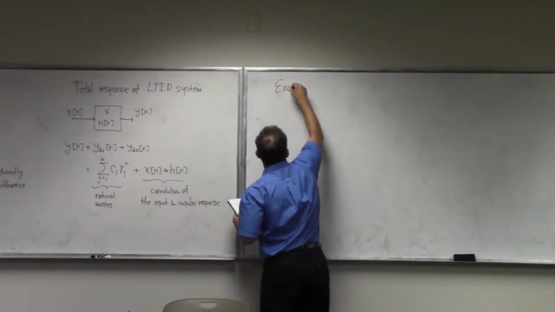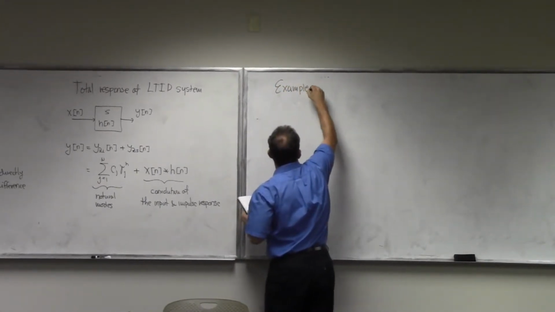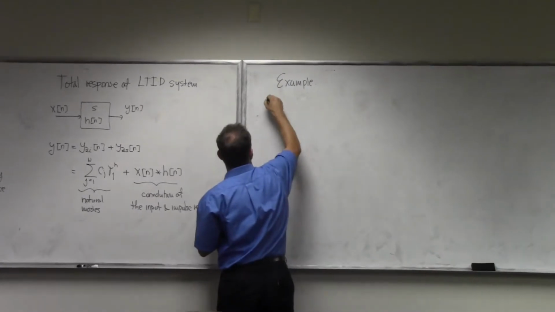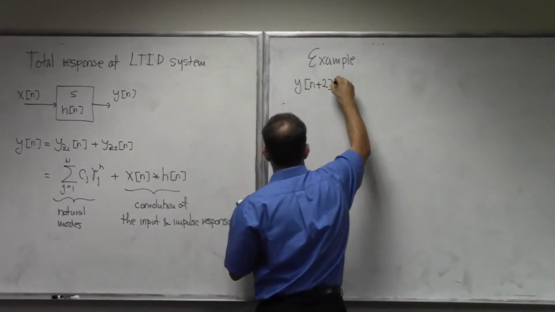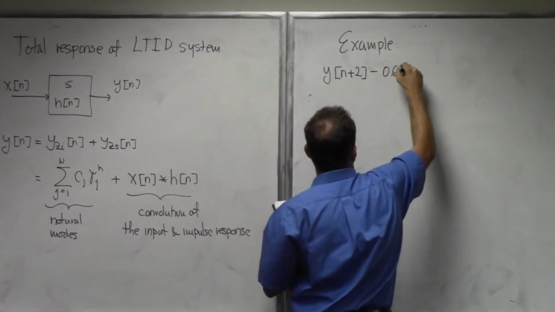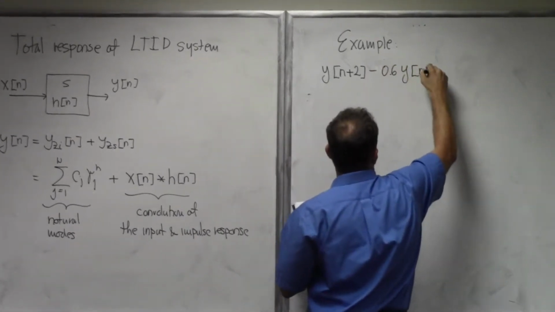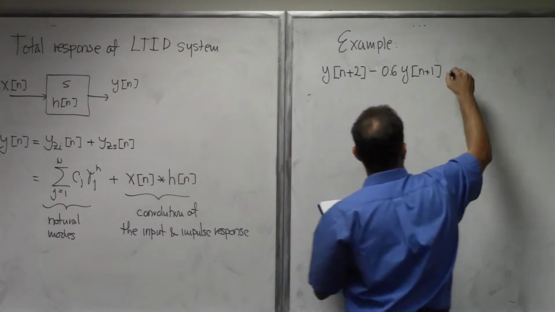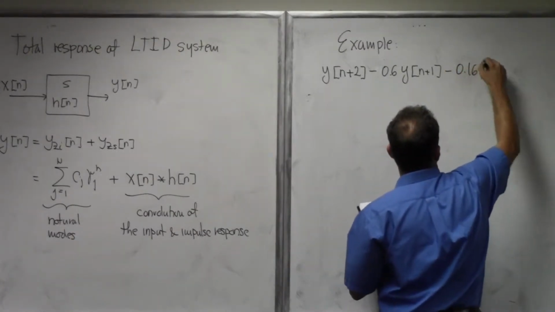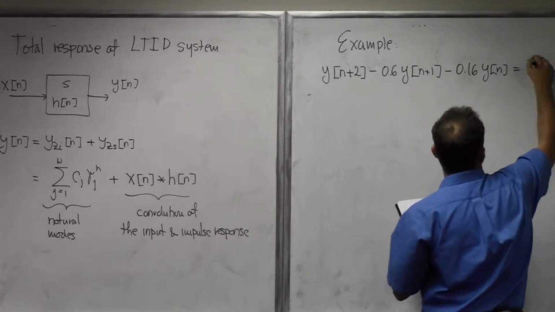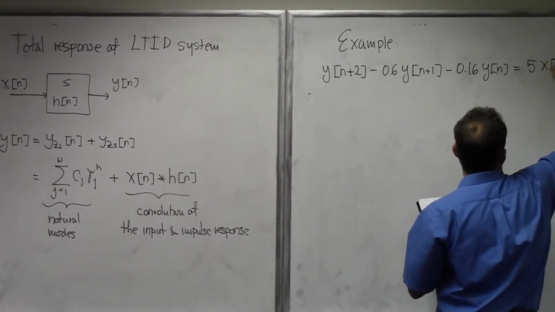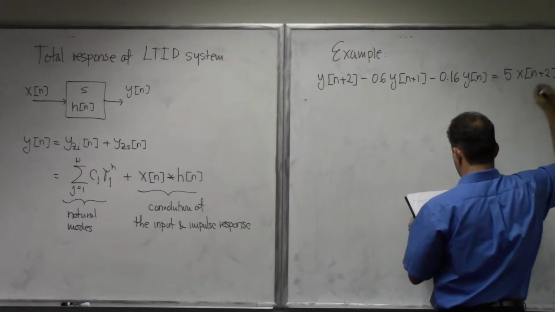So example, we have a system given by the following difference equation: y of n plus 2 minus 0.6 y of n plus 1 minus 0.16 y of n is equal to 5x of n plus 2.